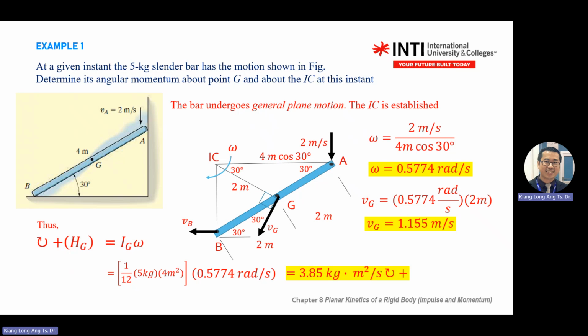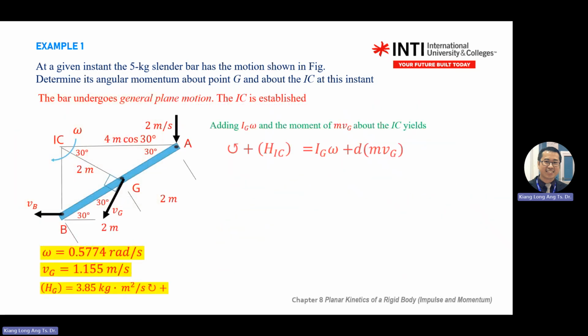The H here, H equals IG omega. But if you shift your angular momentum from point G to IC, you actually need to calculate IO equal to IG plus md square in your equation here.